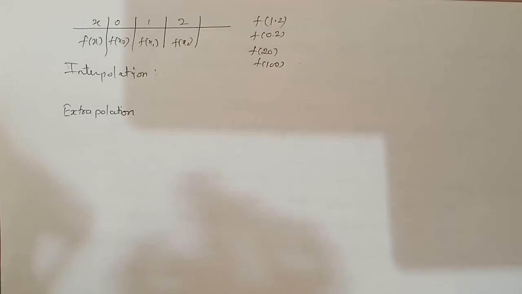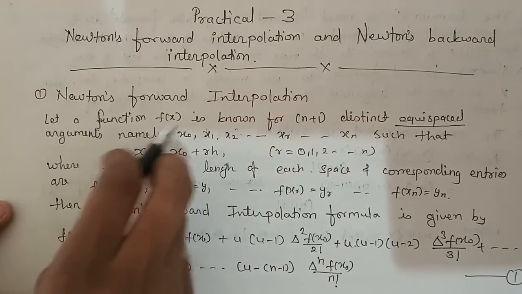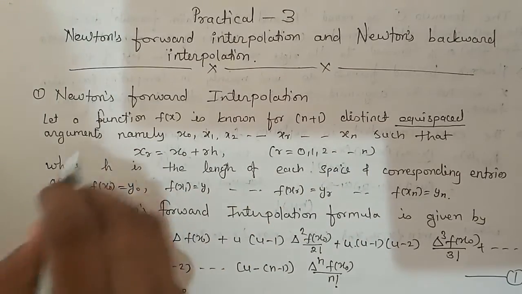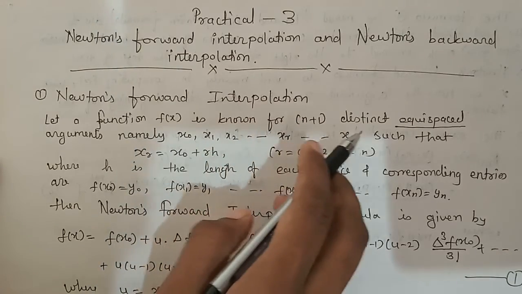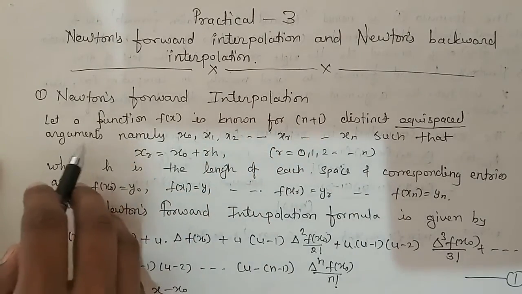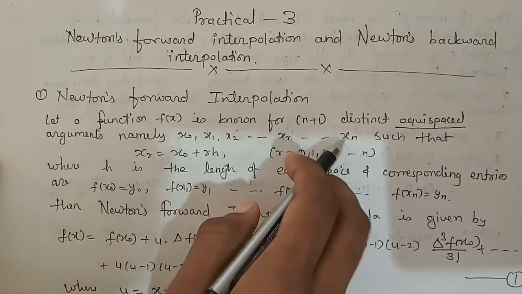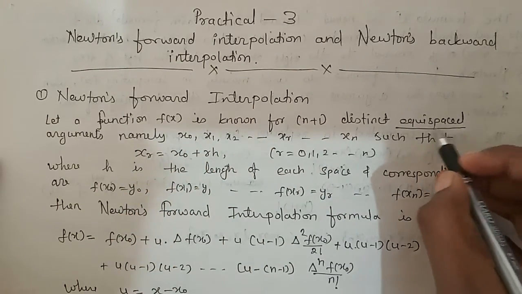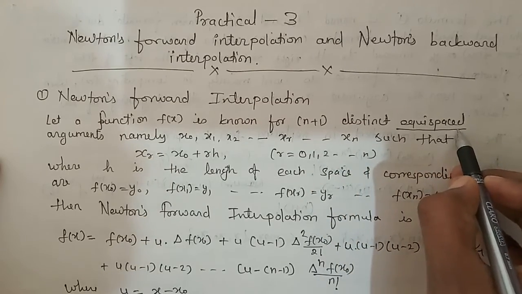Now we will see what Newton's forward and backward interpolation are. First one is Newton's forward interpolation. Let a function f of x be known for n plus 1 distinct equispaced arguments, namely x0, x1, x2, xr up to xn. Here we have to remember that we are talking about equispaced arguments.